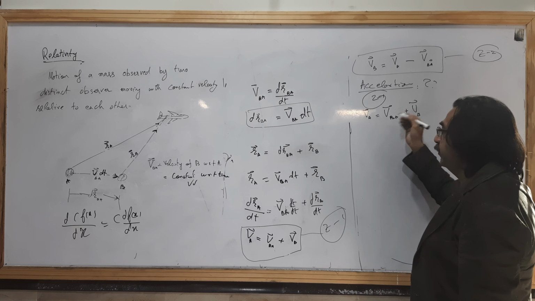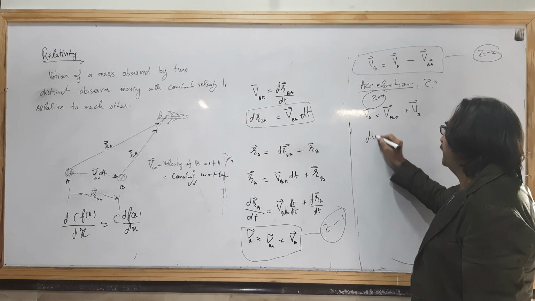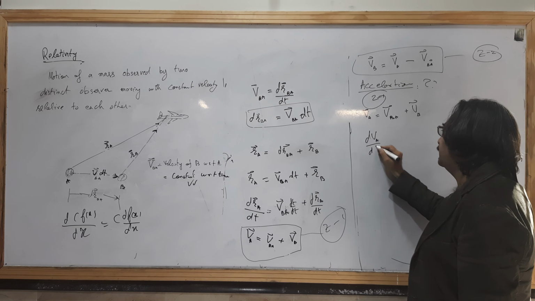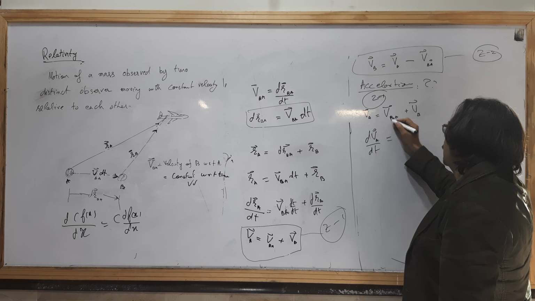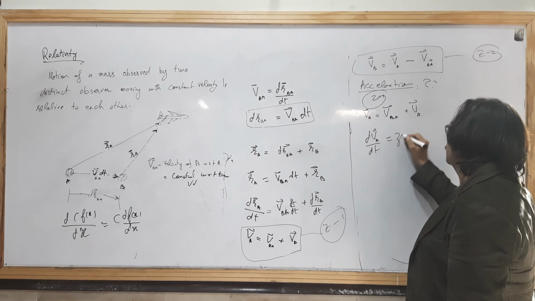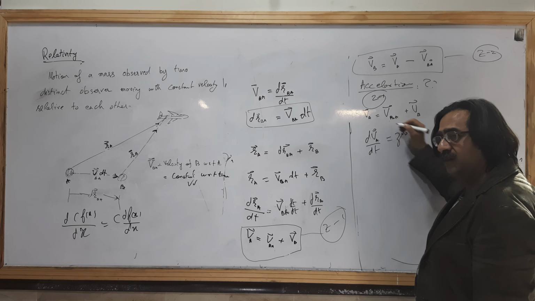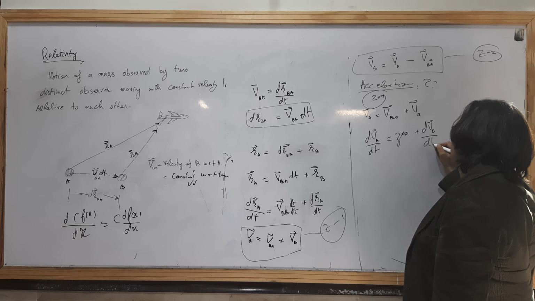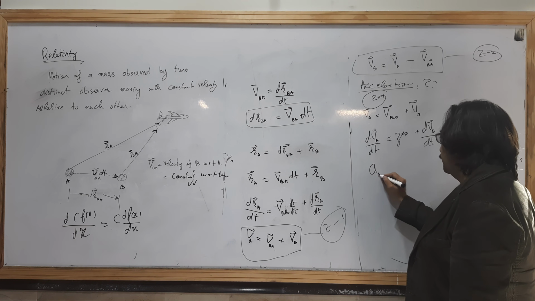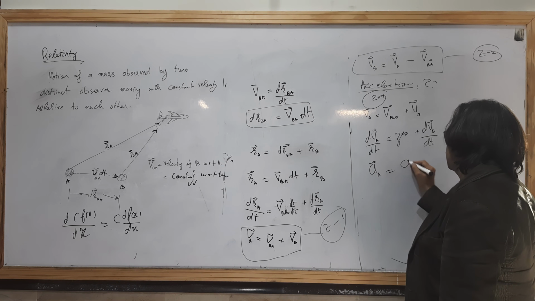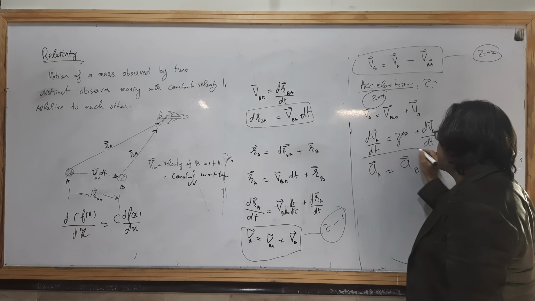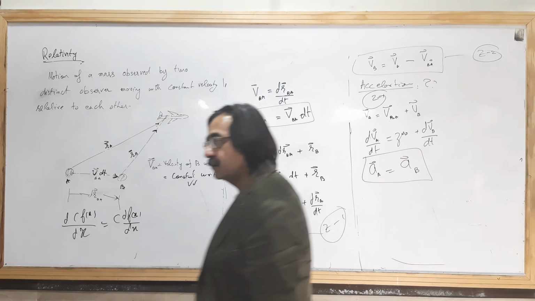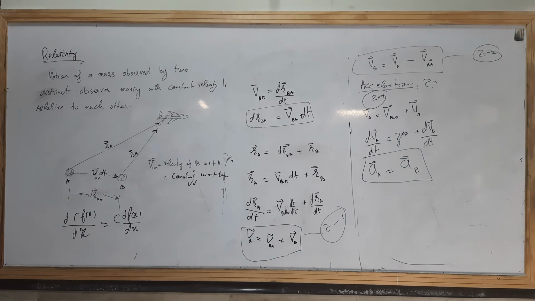If you take the derivative, this will be dVA over dt, and this will be 0 because it is constant. This will be acceleration 1 and this will be acceleration 2. Okay? Got it? Yes, sir.